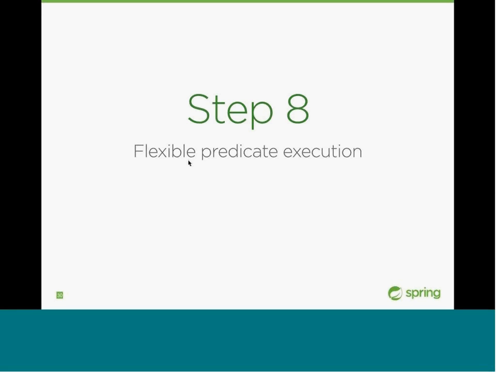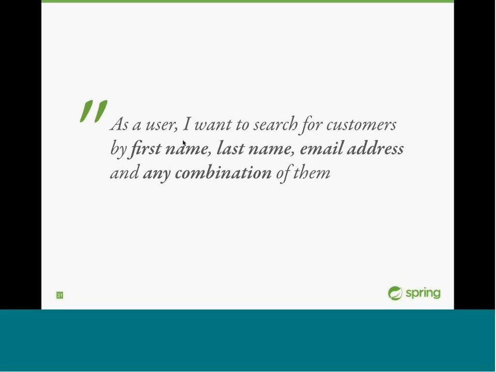All right. So the query derivation mechanism and the manually declared queries get you quite far in terms of being able to just execute arbitrary queries. However, if you get into the situation that you want to create more flexible queries on the fly, the query methods are not really an option, right?